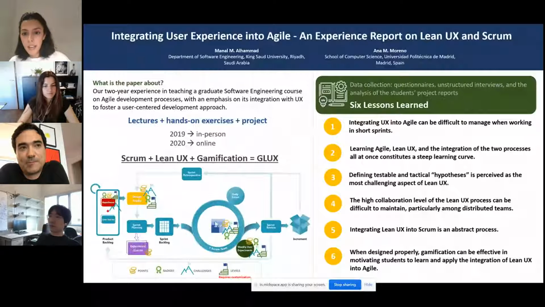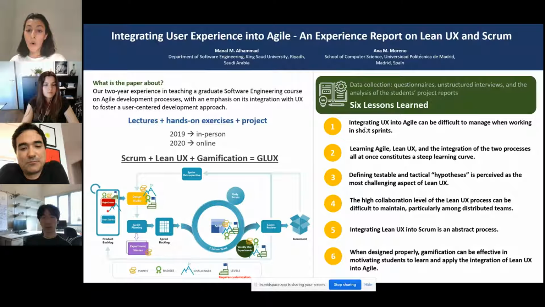We collected data using questionnaires, unstructured interviews, and also the analysis of students' project reports. And we mainly found 6 lessons. The first lesson that we learned is that integrating UX into Agile can be very difficult when the team has short sprints. In our course, we had only 1 week sprints.